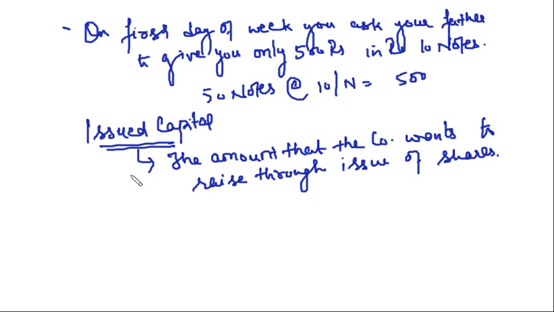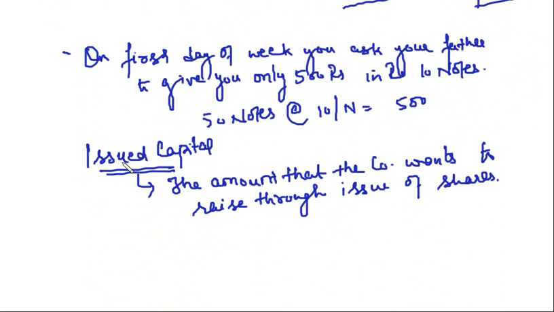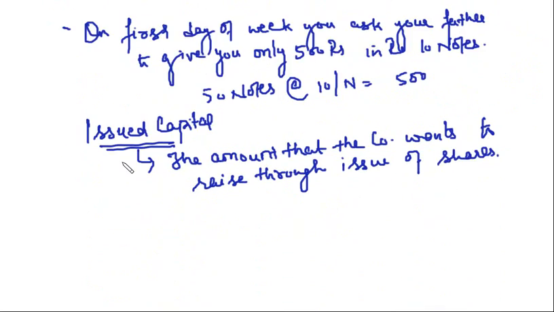See, the authorized capital was the maximum amount that can be raised by the company. Issued is, the company will assess that right now in the beginning of the business, we need this much money. So this is the money that we are going to raise through issue of shares. That is known as the issued capital.